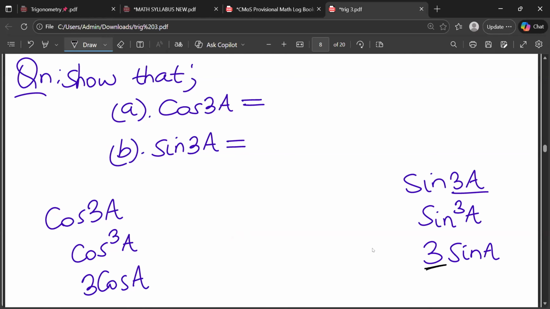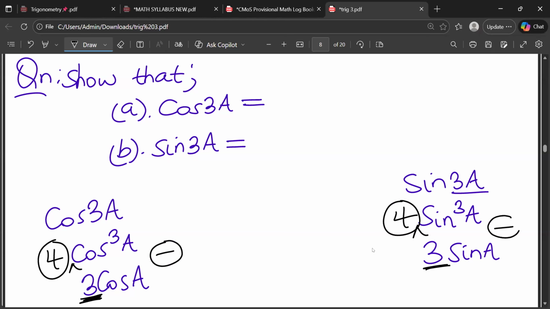This one already has its coefficient 3, but these ones don't have the coefficients. So the coefficient they take on is 4. So these ones have a coefficient of what? Of 4. Then the other thing you need to understand is that they are subtracted. What separates the two is a subtraction sign.